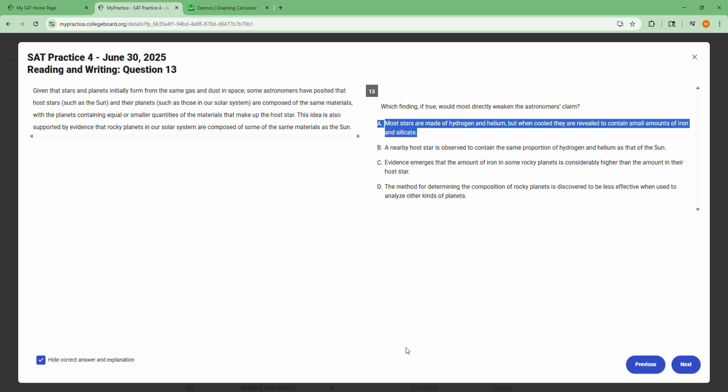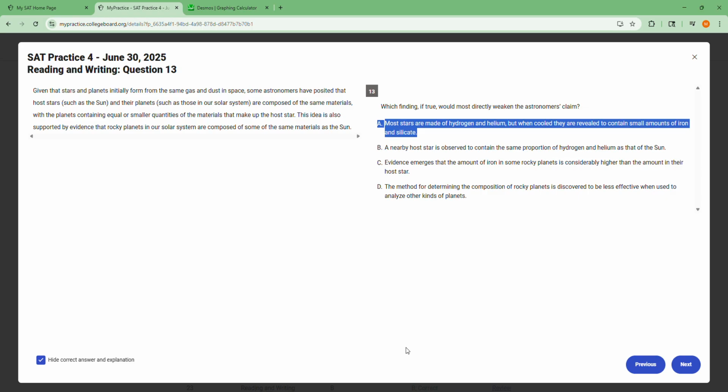And you are correct to do so. You are 100% correct that that is the only one that calls out a difference between the host star and its planets. And that's really the only thing that can weaken this claim. Your thought process in the here and now was super lovely. D and A are completely unrelated to the claim.